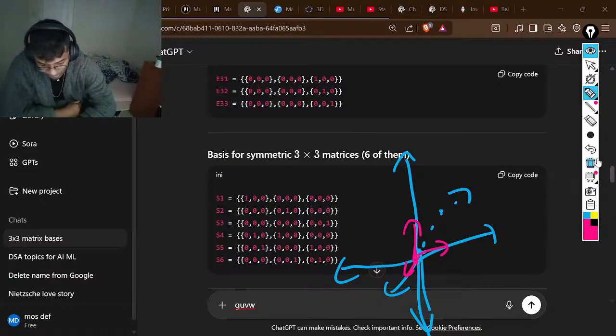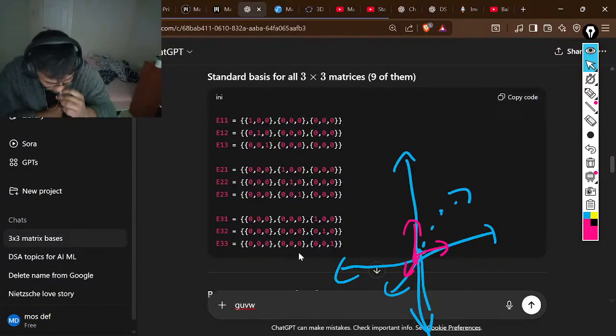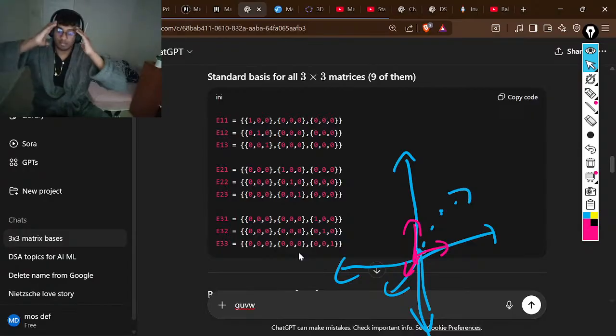Oh, it's just like we have combinations of one, combinations of one, combinations of one. Why? How is it 9 though? Wait. What is going on?